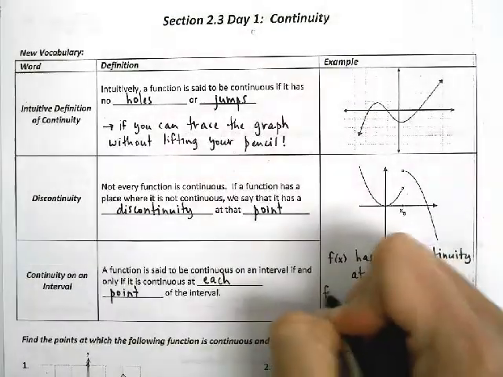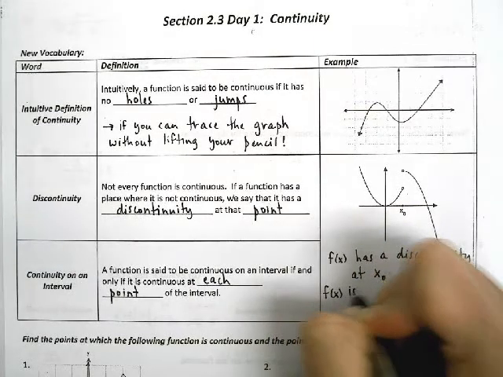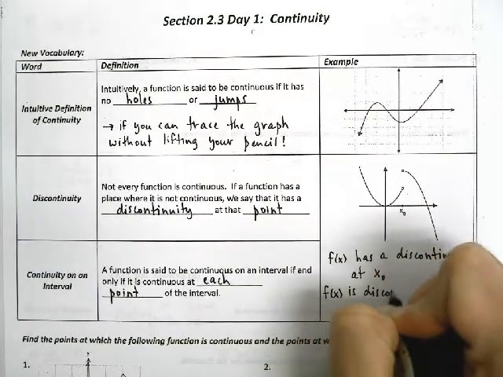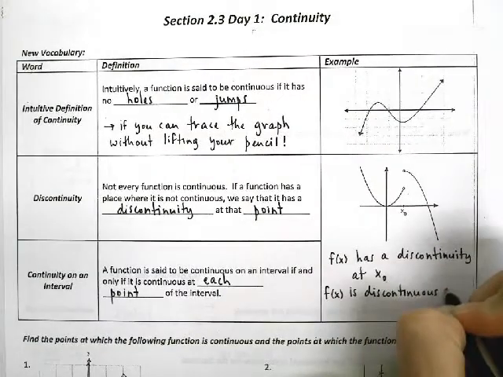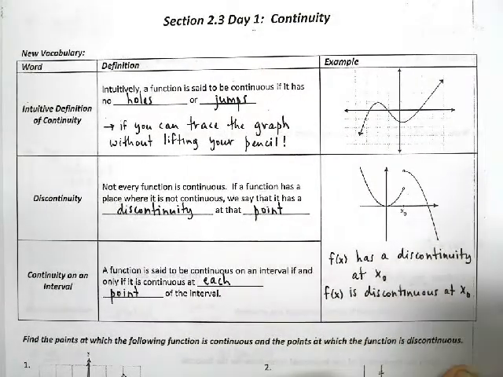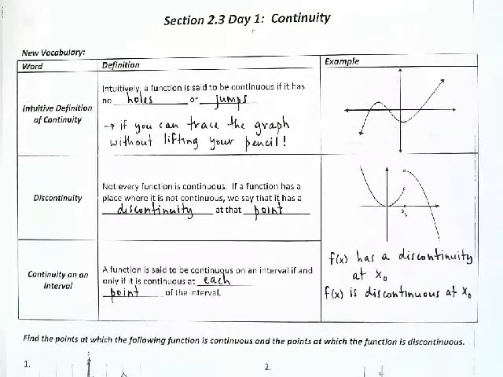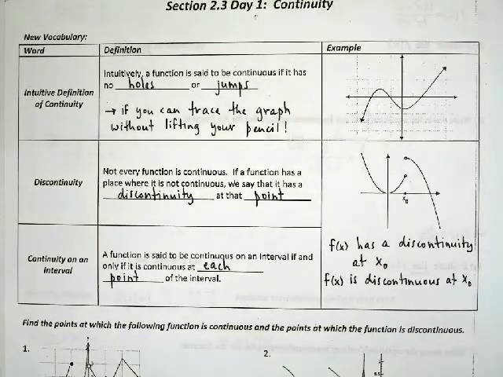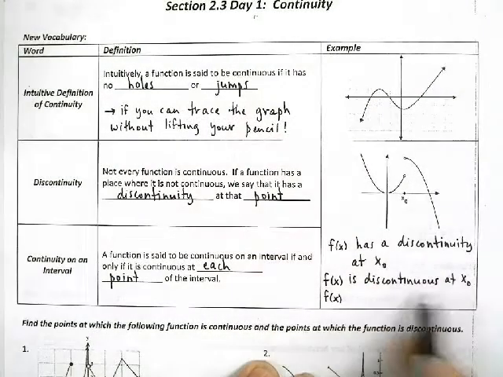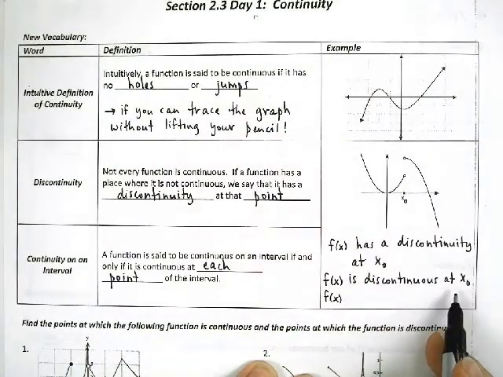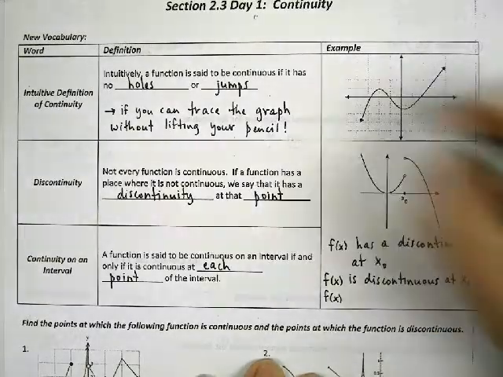We could also say that f of x is discontinuous at x sub 0. And then we could also say on the converse where it is continuous. So we know that f of x, it's discontinuous only at x sub 0, so it's continuous everywhere else.